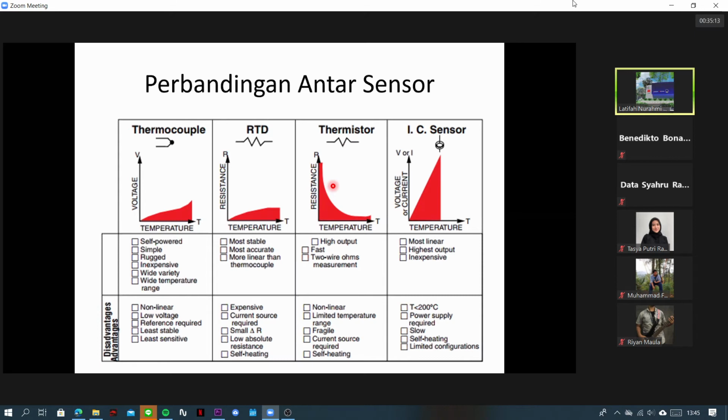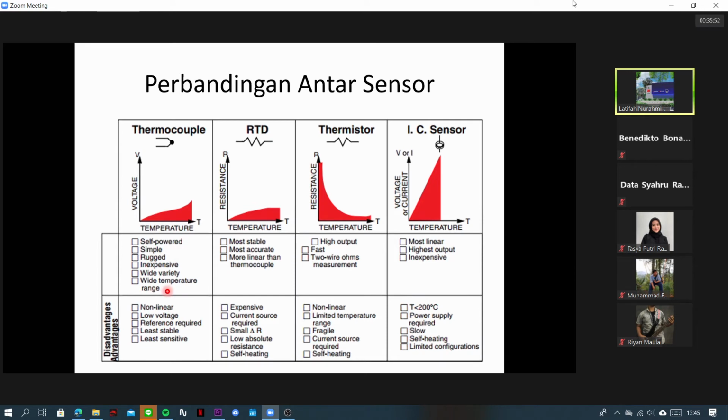You can take a look at the book of Curtis Johnson, what is thermistor, and you can even take a look in available videos on when you have to use thermocouple and when you have to use RTD, when you have to use thermistor, and so on. Okay, and thermocouple, this is self-powered. It is simple. It is not expensive. This is quite cheap compared to others. And the temperature range is quite wide.